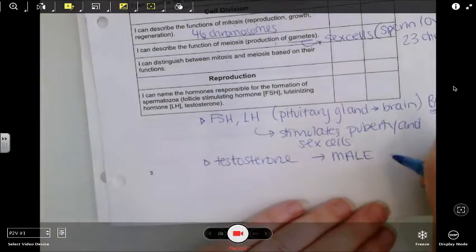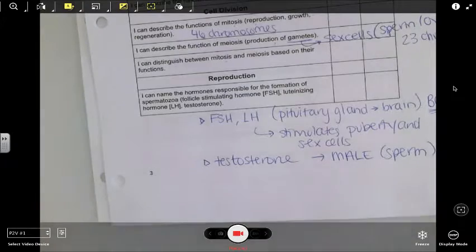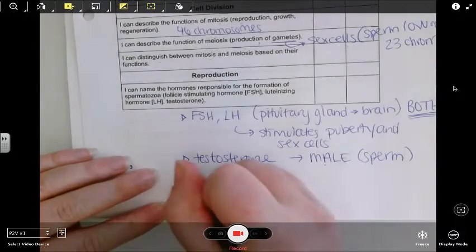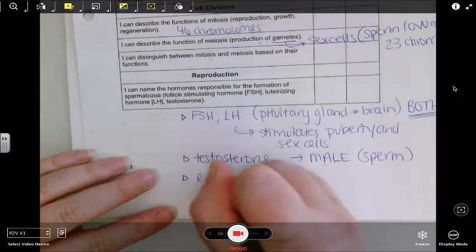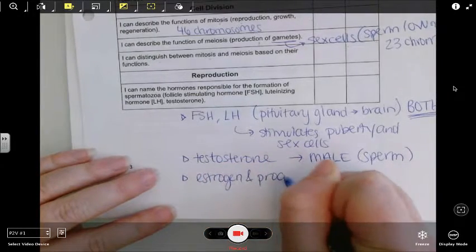This is for producing sperm. It has secondary characteristics as well. Just generally the fact that guys would at some point start to have facial hair, pubic hair, all those things are also coming out of testosterone. The female ones are estrogen and progesterone.